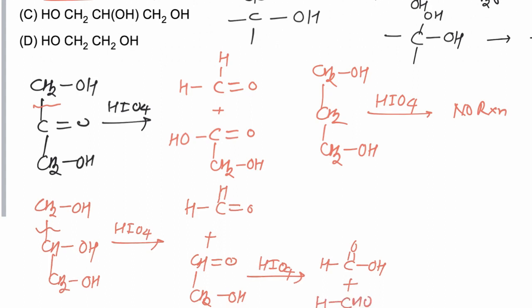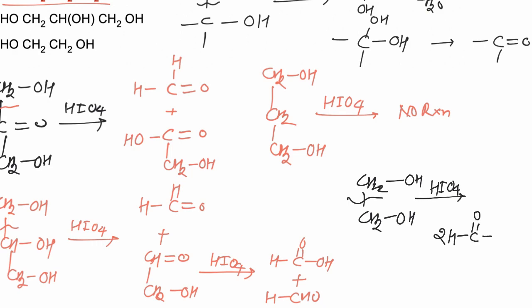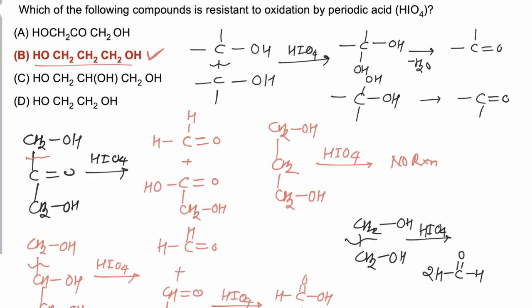So overall, two equivalents of formaldehyde and one equivalent of formic acid are formed as products. In the fourth case, when ethylene glycol is taken, CH2OH, CH2OH, on reacting with HIO4, one equivalent of HIO4 is consumed and we will get two equivalents of formaldehyde. So the reaction is not possible in the second case B, and hence the correct answer is B.